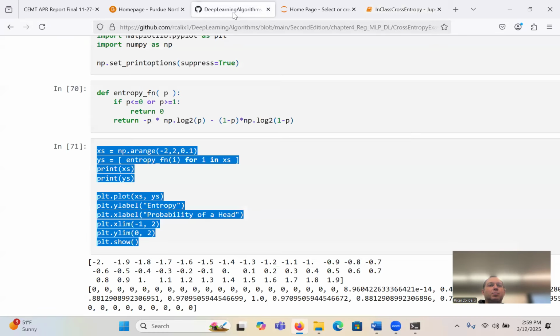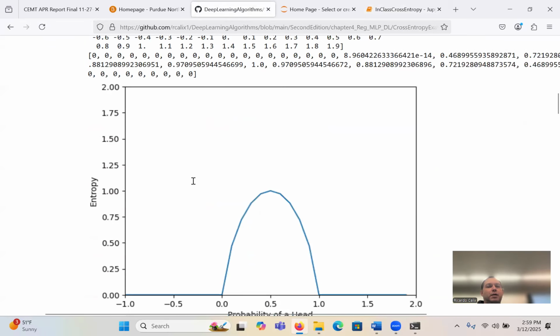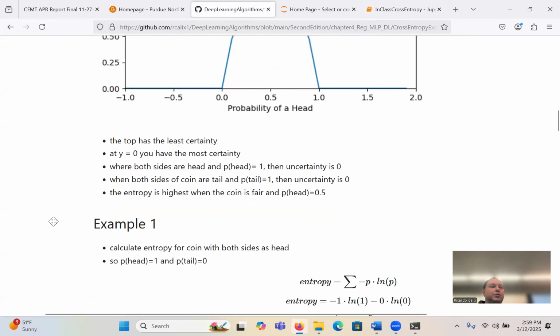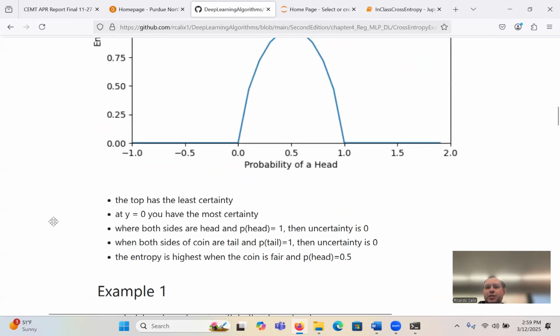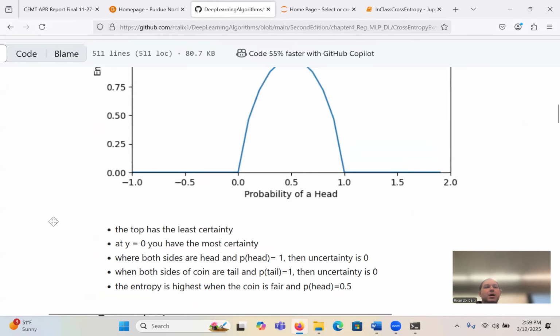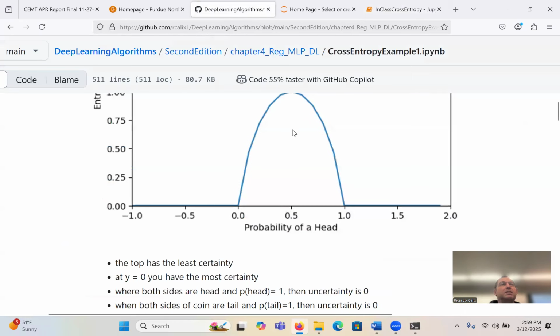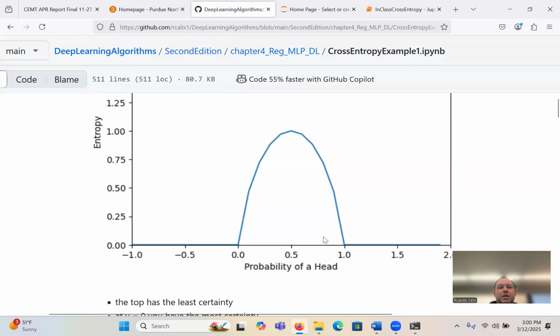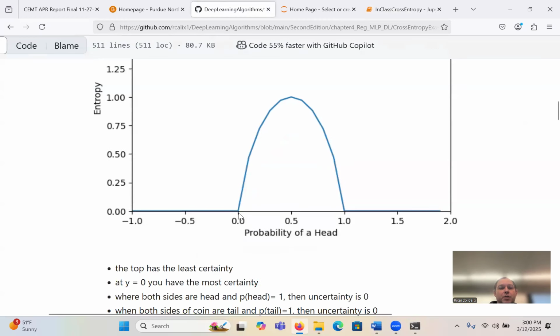So now let's go back. We've done this part, and let's read through these. And I think some of you asked these questions already. So the top has the least certainty, right? The top here referring to this peak. That has the least certainty. At y equals 0, you have the most certainty because the entropy, y is this axis, of course, and entropy is 0.